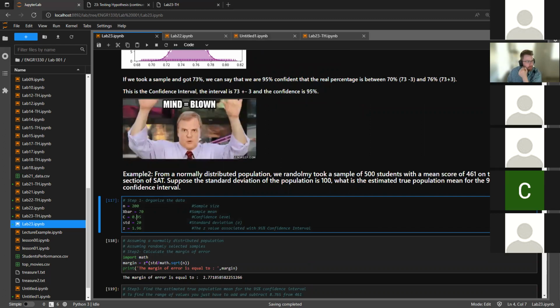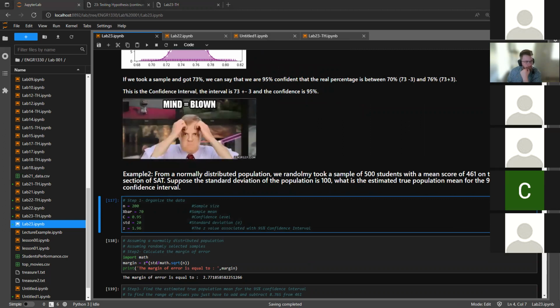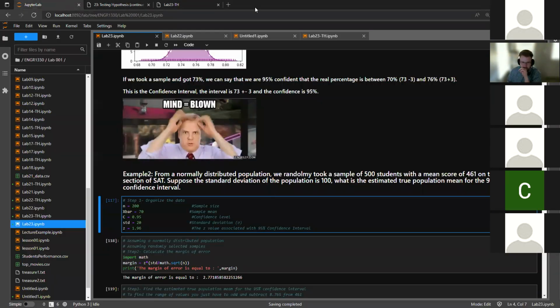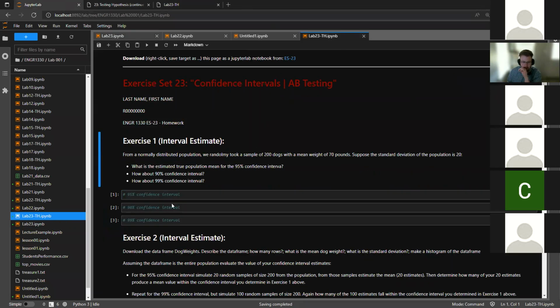I'll even tell you what you can search for: z-value formula. It's in the lesson, but if you search z-value formula, you'll be able to figure it out. Everything is already done for 95. Do everything the same way for 90 and 99.